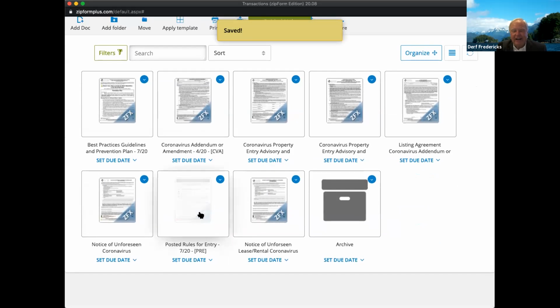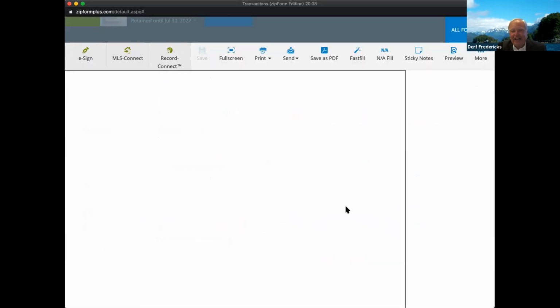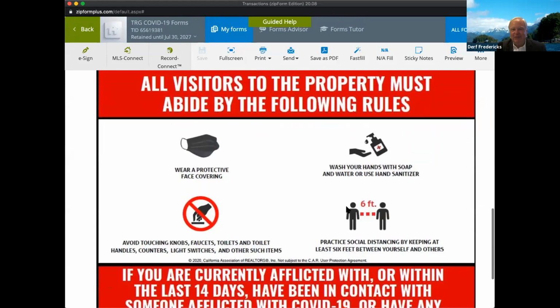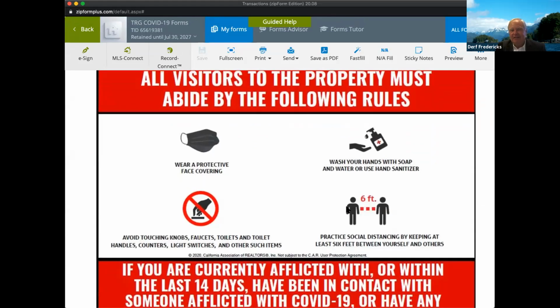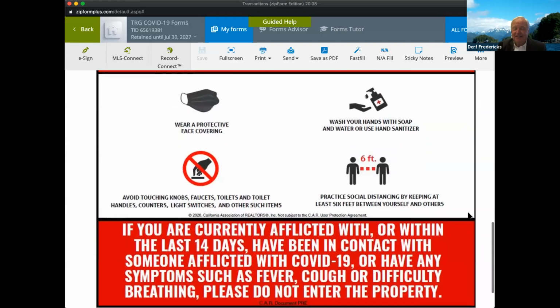The original one basically stated that you had to have gloves and other stuff, but now it's just wearing the mask and washing your hands when you come into the property. So these documents will change. I'm hoping they all go away in a few weeks, so we don't have to deal with this. But it looks like they're going to be around for a while.